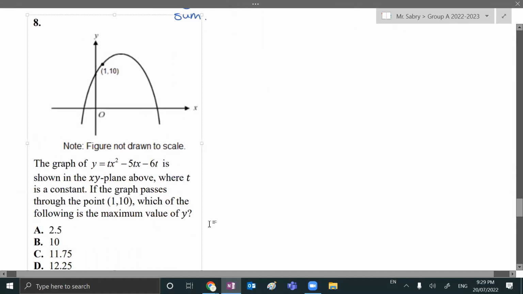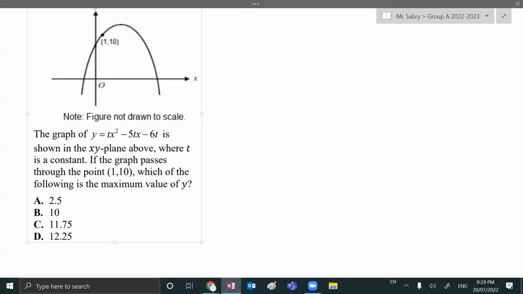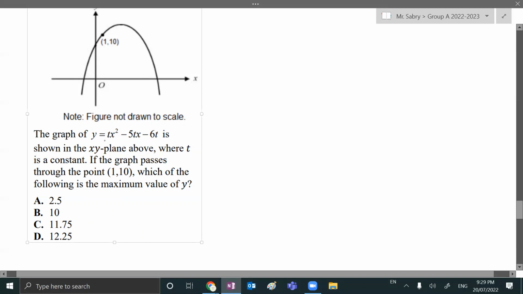Checking out number 8. You're given a parabola, and you're given a point on that parabola, which is (1, 10). You're also told that the equation of the parabola is y equals tx squared minus 5tx minus 6t. You're asked to find the maximum value of y.